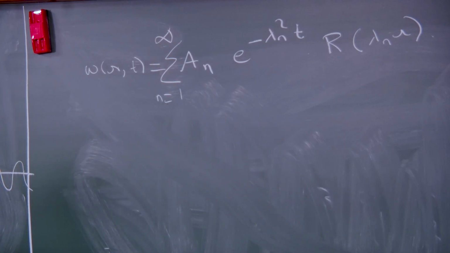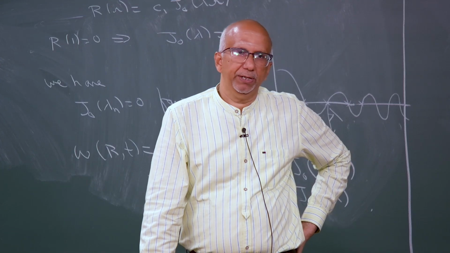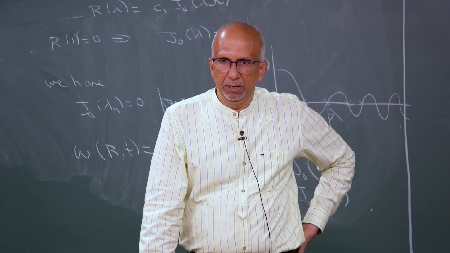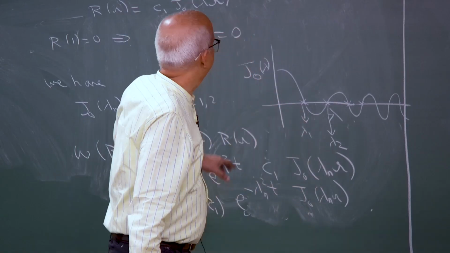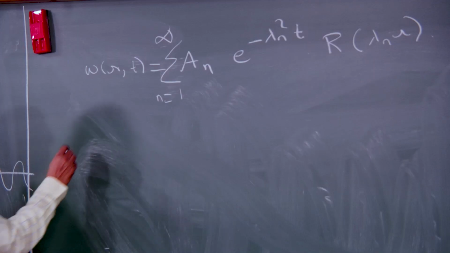What this means is this satisfies the boundary conditions. This particular expression that I found satisfies the boundary conditions in the r direction. The only thing it does not satisfy is the initial condition, which you had written here, minus 1 minus r squared.